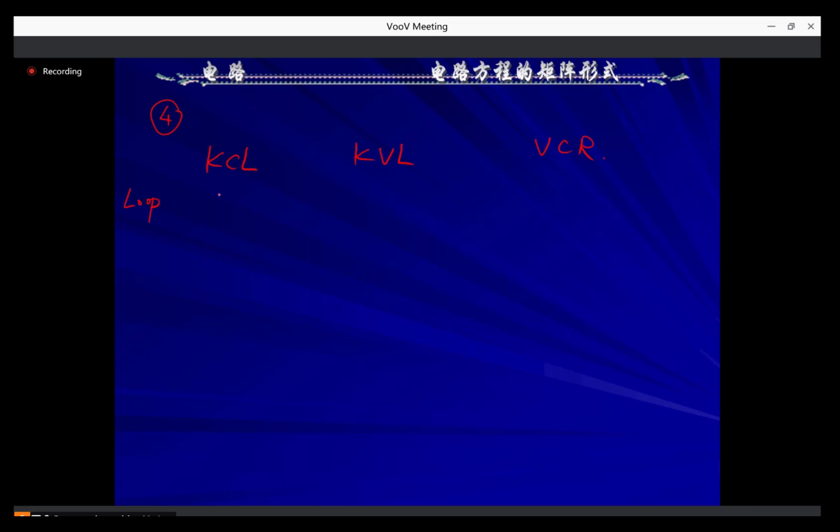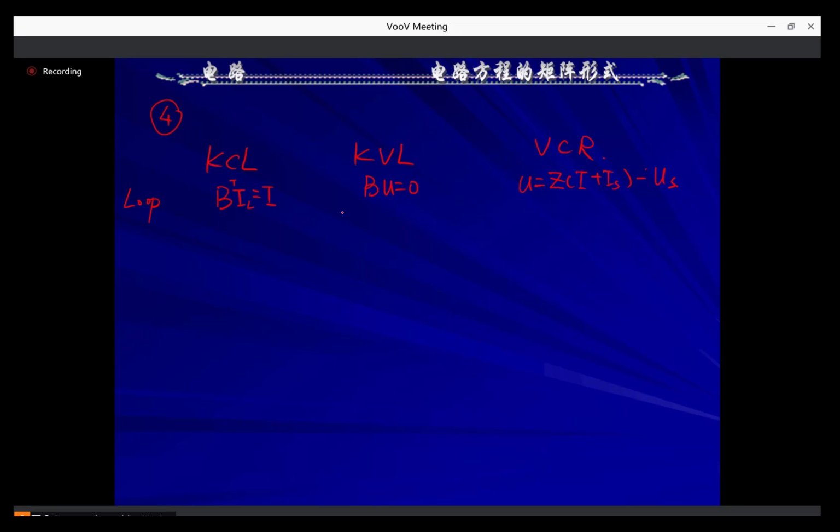For the loop method, the KCL is B transpose IL equal to I. For the KVL, B U equal to 0. The VCR is U equal to Z I plus IS minus US.